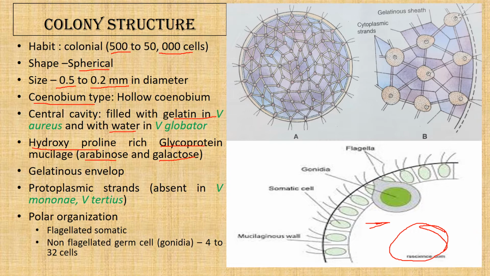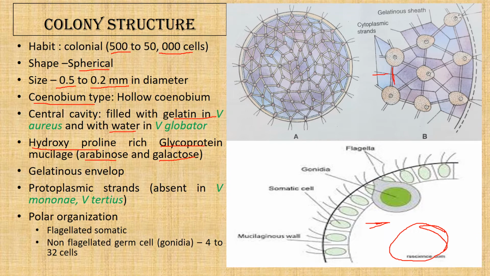So the Volvox colony is defined by a mucilaginous envelope, and unlike Eudorina and Pandorina, they do not have a differentiated envelope.